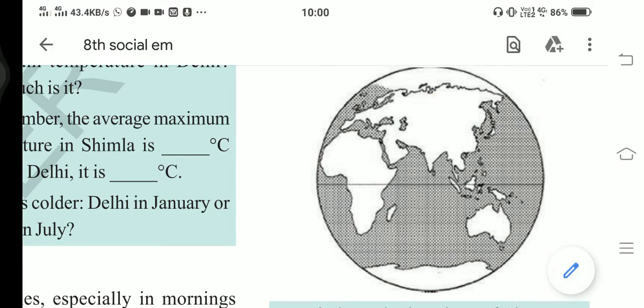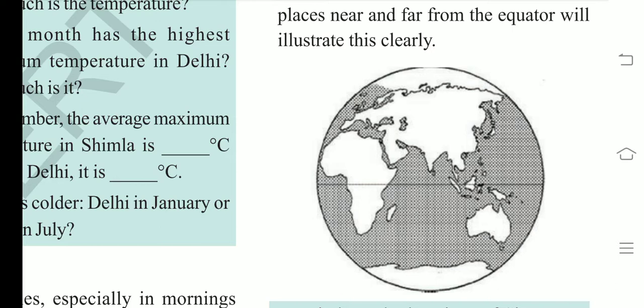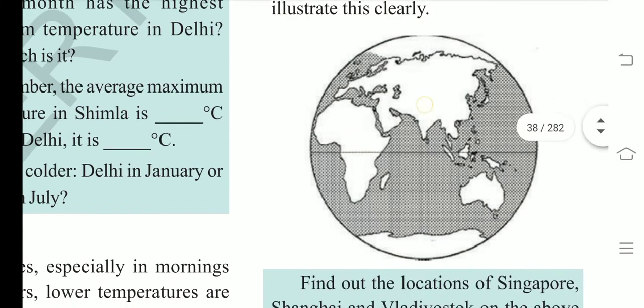That means at Vladivostok the temperature is 3.9 degrees centigrade, because there the sun rays fall with inclination. That means there is a slant falling, in the sense it does not fall directly there. There will be somewhat of a tilt in the falling of the sun rays.